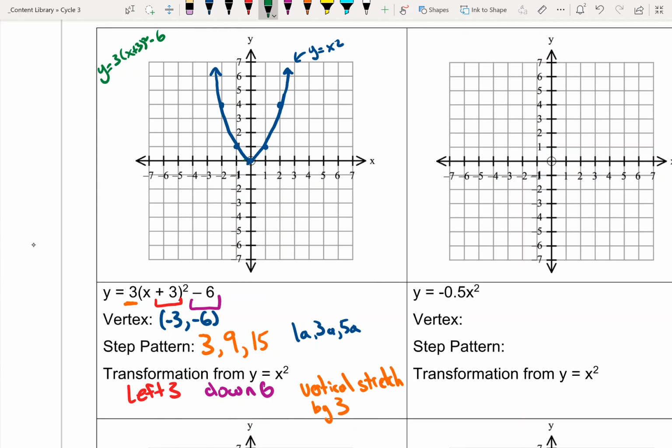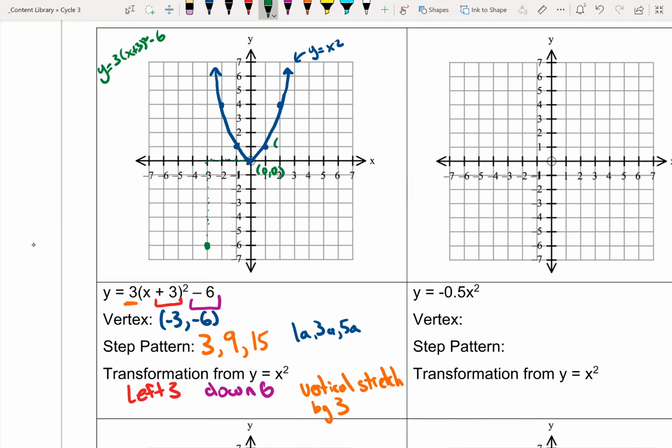For the point (0, 0), if I multiply this y value by 3, 0 times 3 is 0, so it doesn't change it. Now I can move it left 3 and down 6.